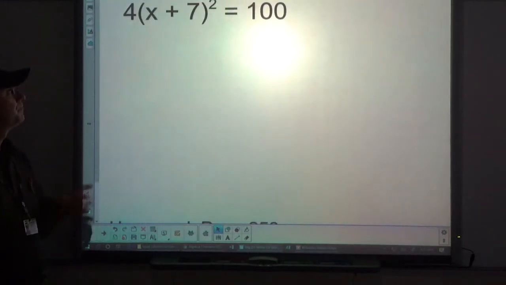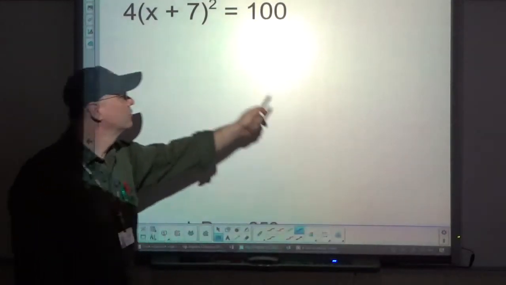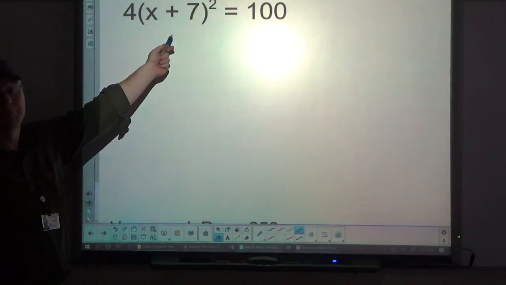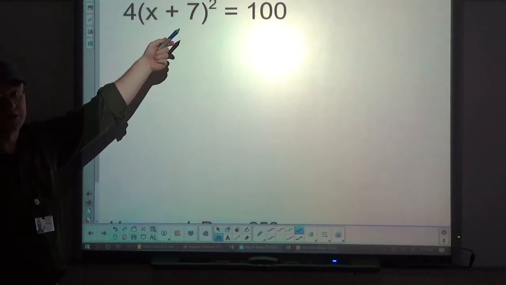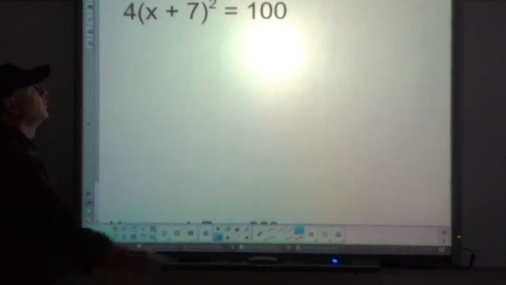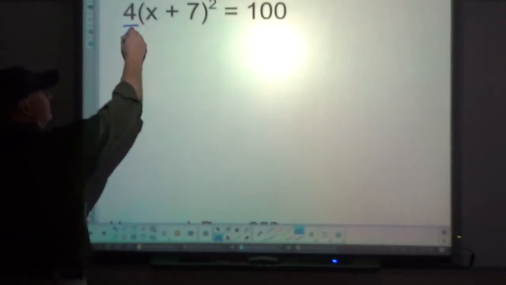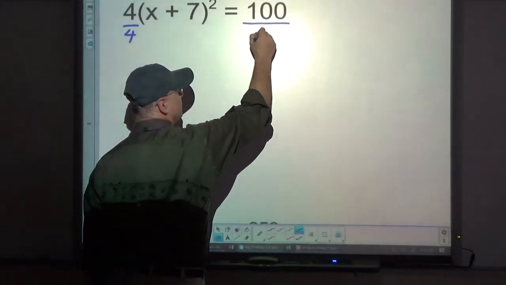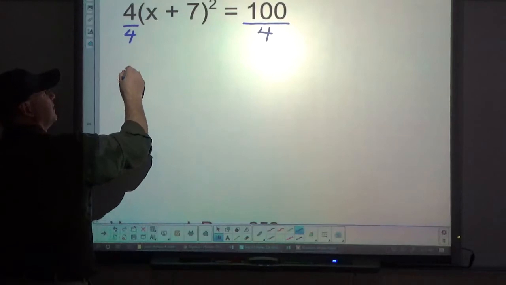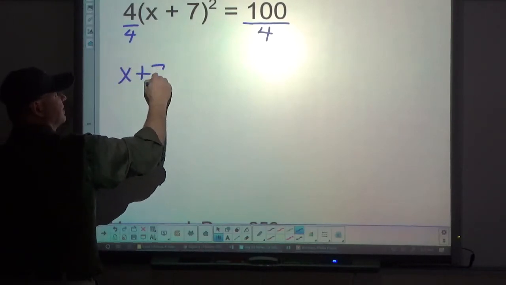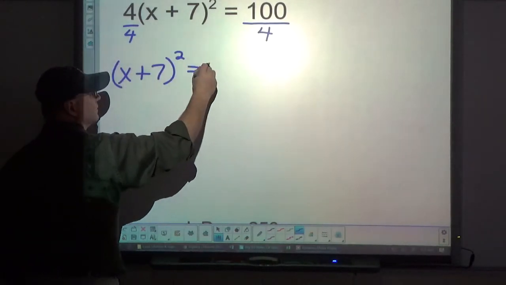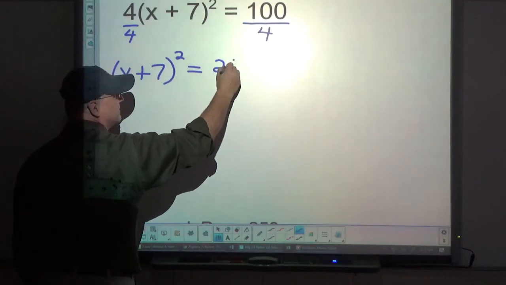Last problem. What happens when you have a parenthesis squared instead of just a single term? Well, I'm going to get it by itself, divide by 4 here, or you might have had to add or subtract to get rid of it. X plus 7 all squared equals, in this case, 25.